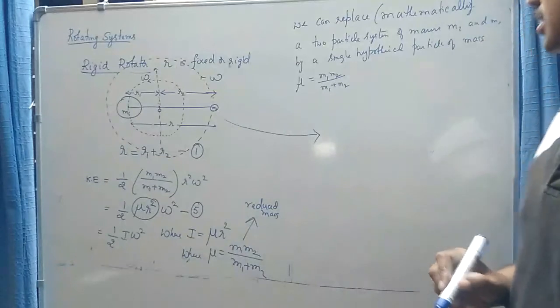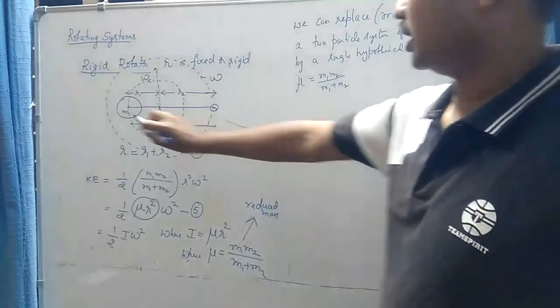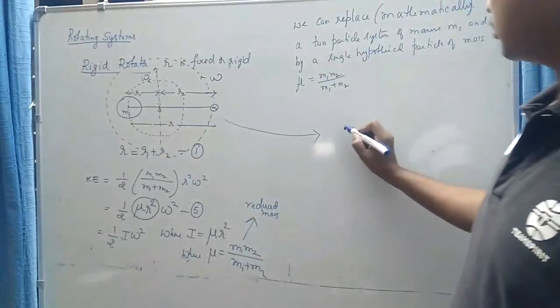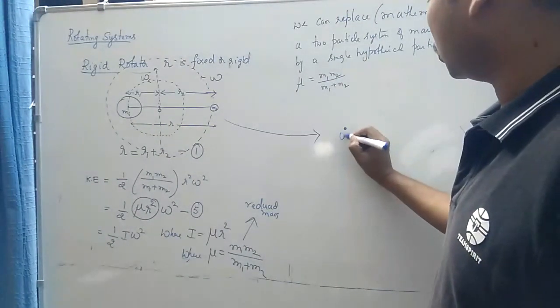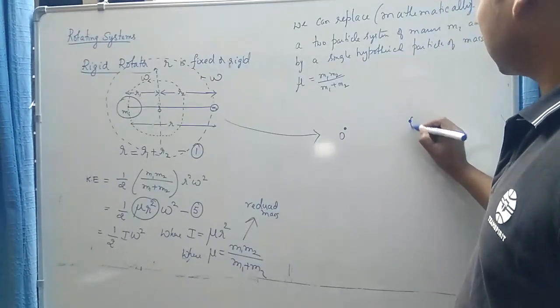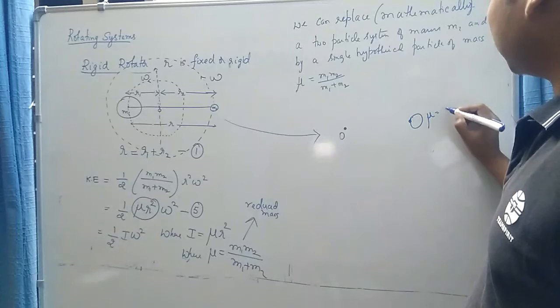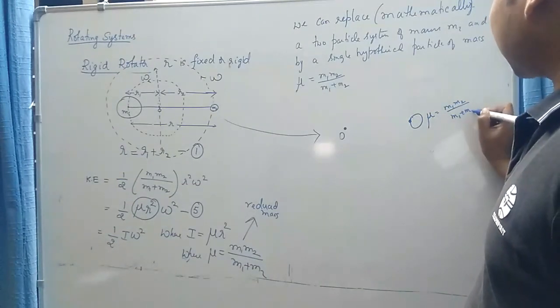So this is the actual problem existing in reality, but mathematically we are replacing this two particle system by a single particle system, where one of the masses is replaced by an infinite mass at point O, and you have one hypothetical particle of mass mu, which is m1 into m2 divided by m1 plus m2.